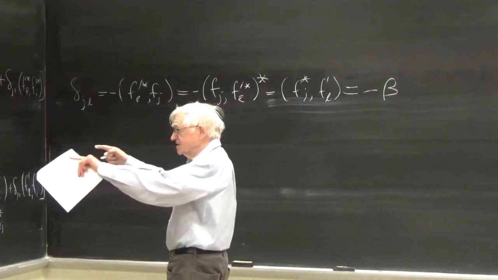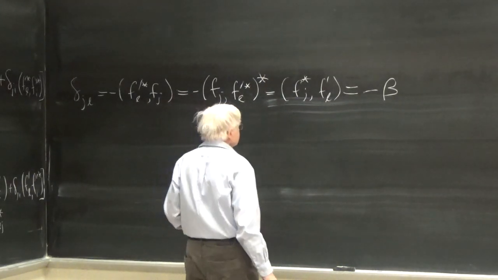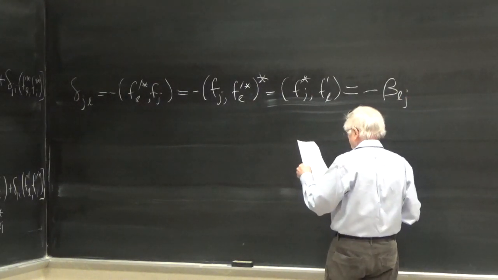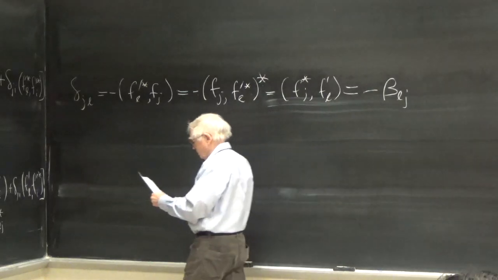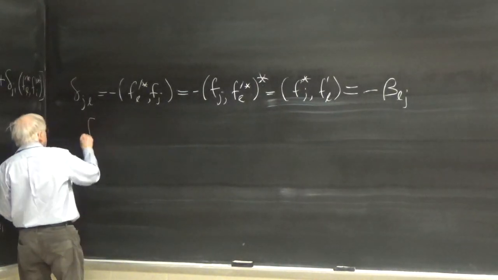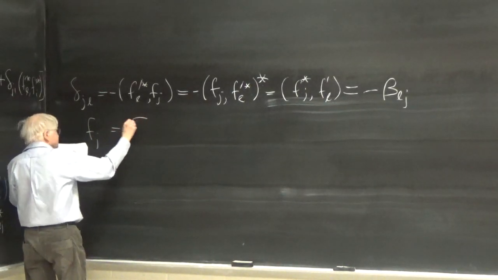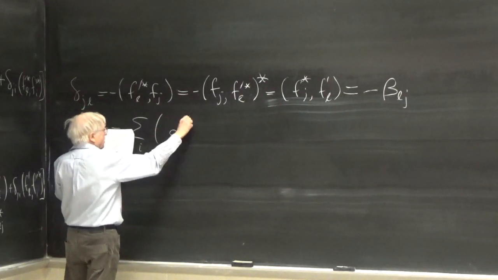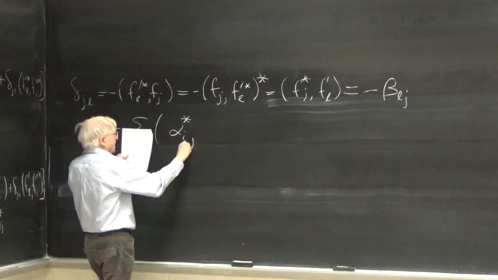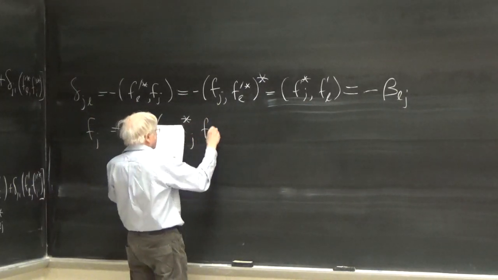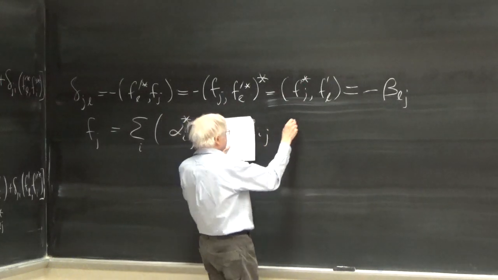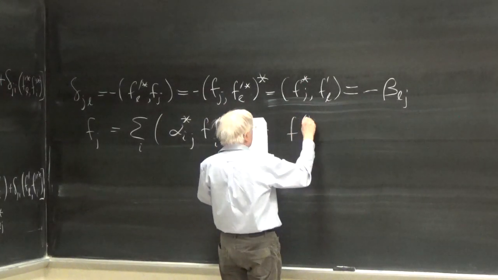The beta indices are also backwards, and so this should be LJ. So the inverse relation is actually Fj is the sum on I alpha star Ij Fi prime minus beta Ij F prime star I.